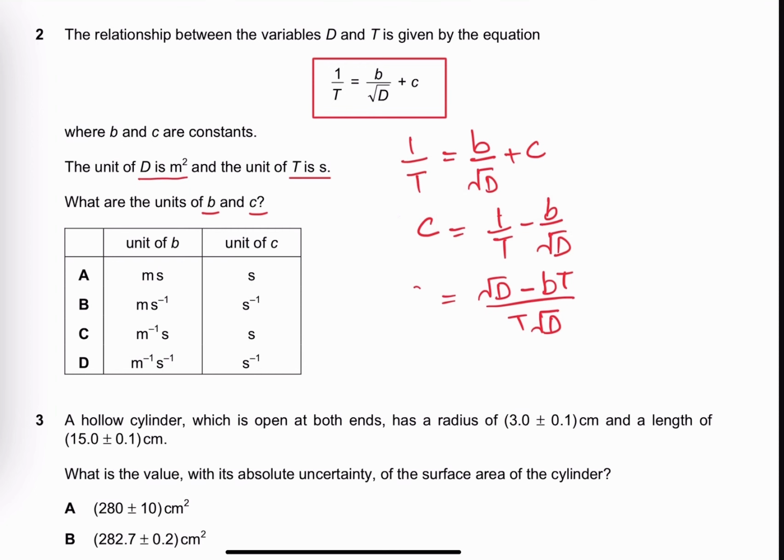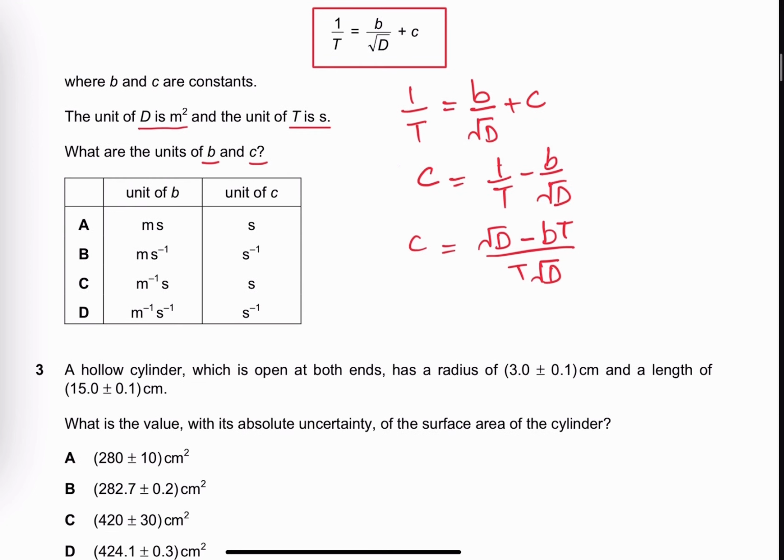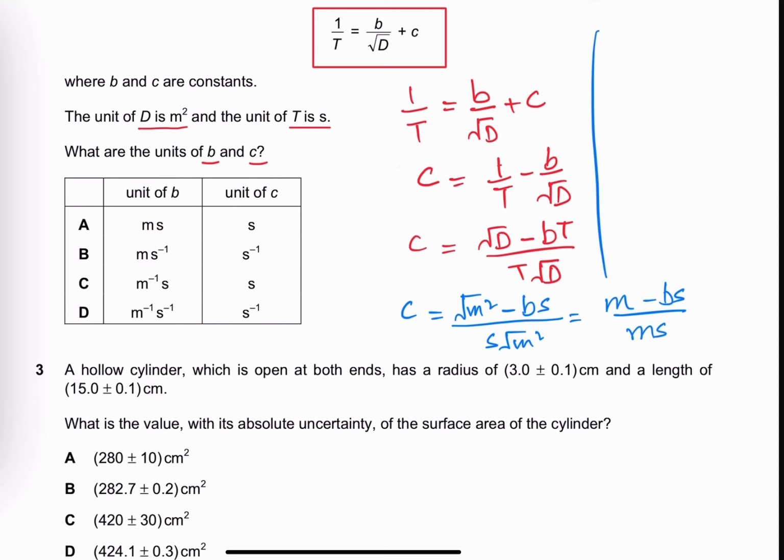Okay, so now let's put the units. We know the unit of d is m square, so c is equals to m square minus b. For t it's second, and t under root m square will give you m minus bs divided by ms. If you see in the numerator, it's m minus bs.